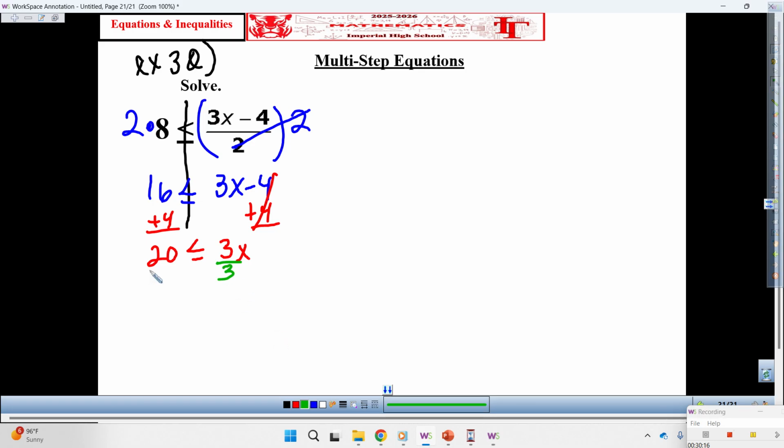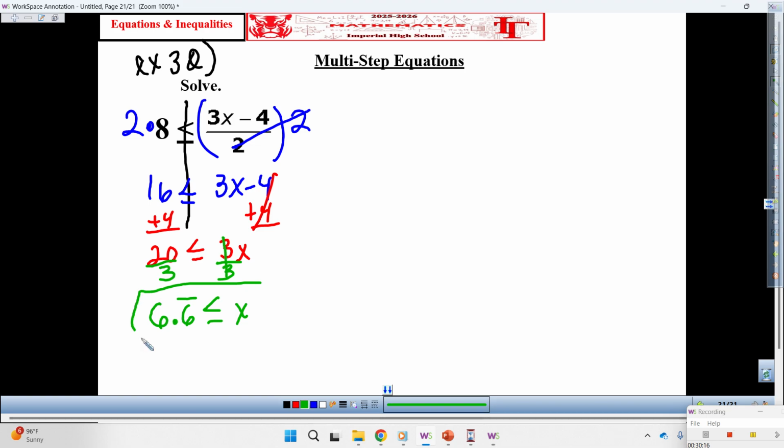Divide by 3, divide by 3. 20 divided by 3 is 6.6 bar. Less than or equal to x, or 6 and 2/3. I'm going to leave it at 6.6 bar, bar meaning that it continues.